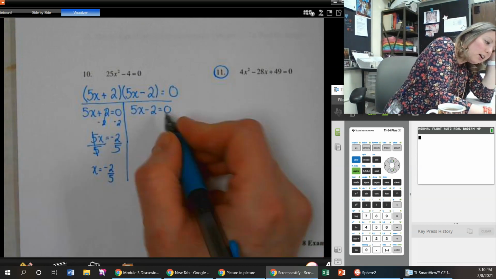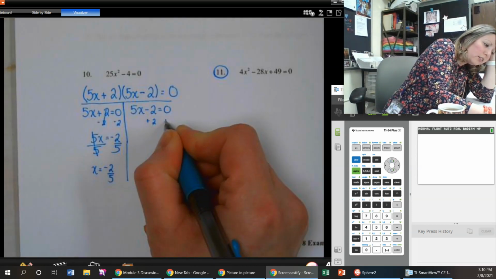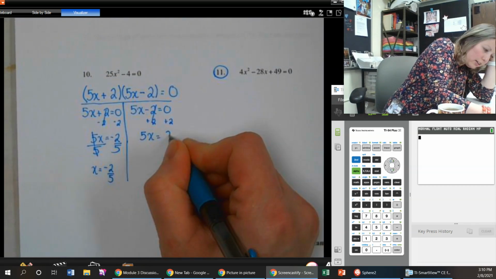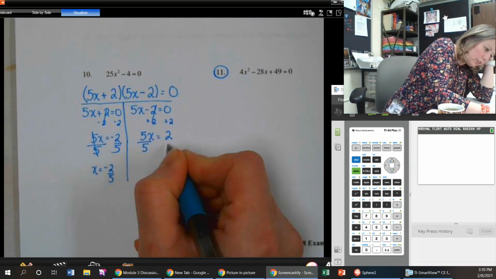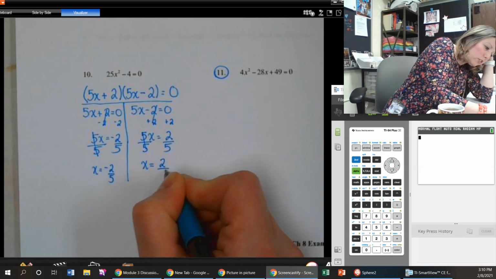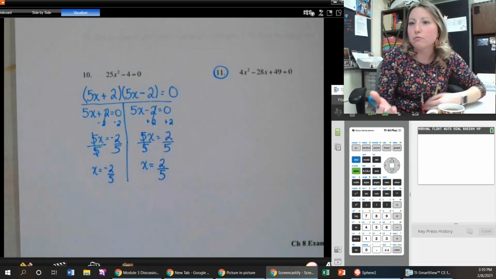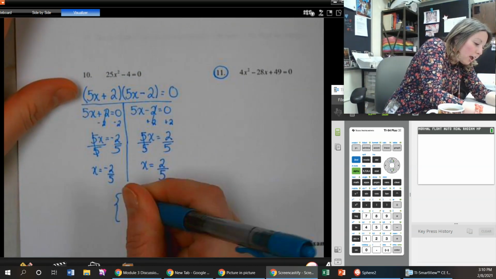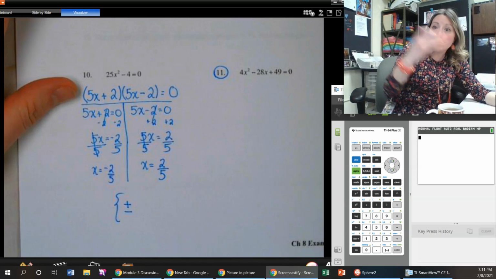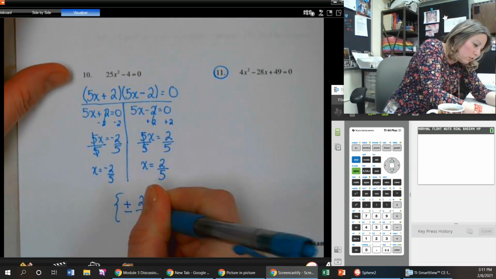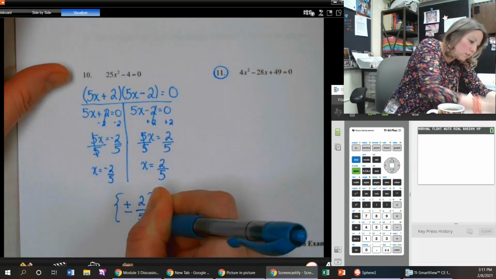Over here, start by adding 2 to both sides, and you should probably see a pattern, because then you're left with 5x equals positive 2, and divide both sides by 5. And what do you discover? Well, this is just the same fraction positive. They're opposites of each other. So there's 2 answers here, and since they are the same fraction but opposite signs, I can write them as plus and minus 2/5. There you go.